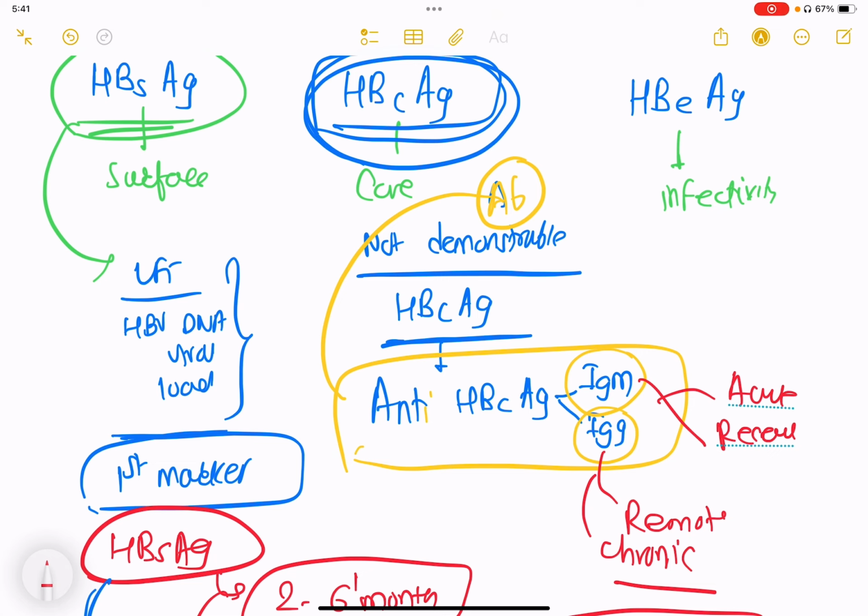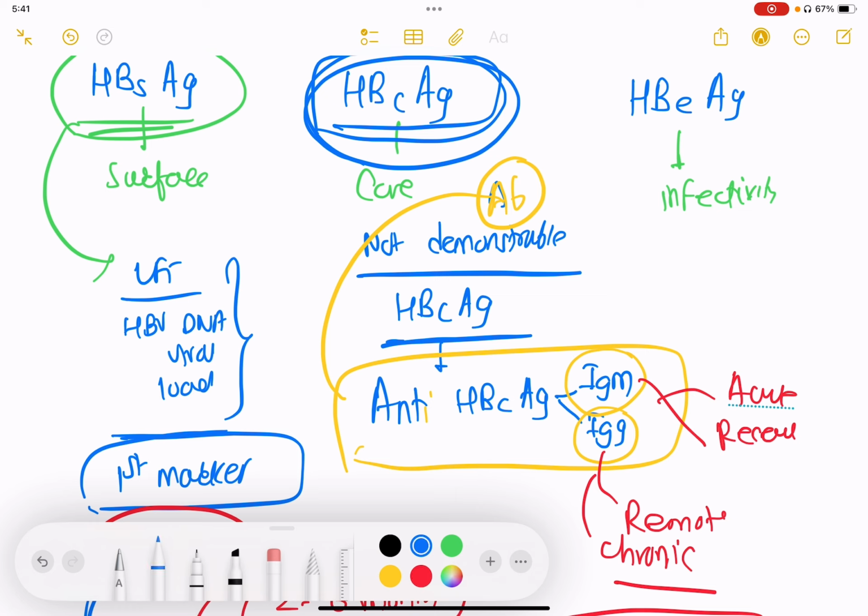But if it is a chronic infection against which immunity has developed, then the patient has already been infected and has already developed an immune response against hepatitis B. This is how we utilize the core antigen: it cannot be detected by any test, but the antibodies against it can be used.